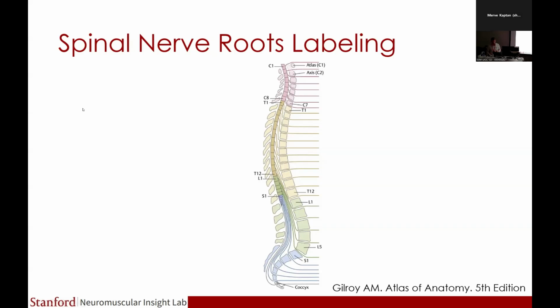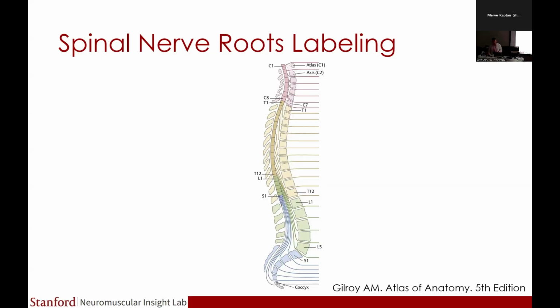And so these start with the C1 spinal nerve root exiting above the first cervical vertebra. You then label them correspondingly until you get down to the C7 vertebra, where you have an extra one called C8, and it comes off below. From there on, the naming is based on which vertebra it exits under.